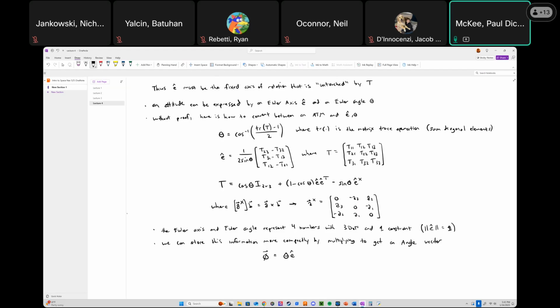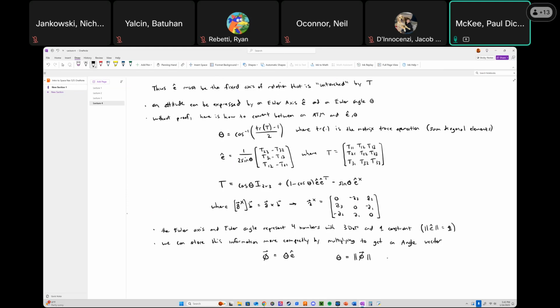So you could think of it this way. If you've got this angle vector, if someone says, hey, here's the angle vector that describes the rotation from this frame to this frame, you'd say, okay, great, you've given me 3 numbers, but I know that it's an axis multiplied by an angle. So theta has to be the norm of the angle vector.